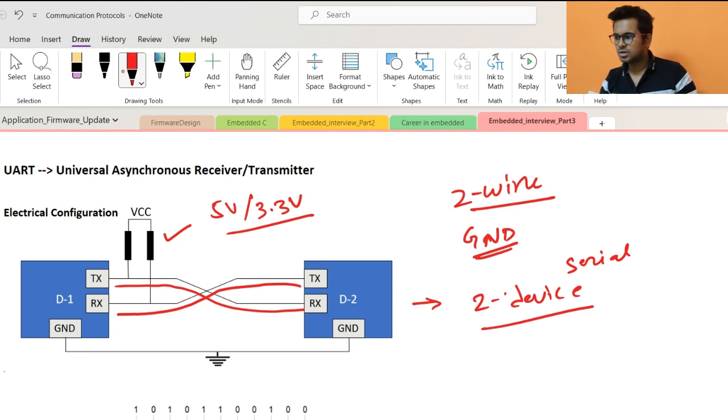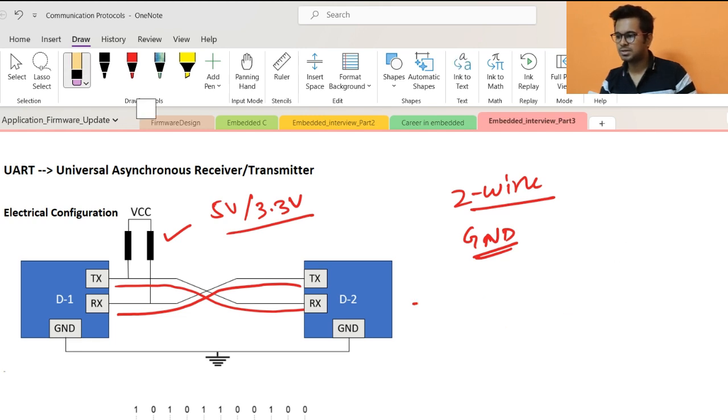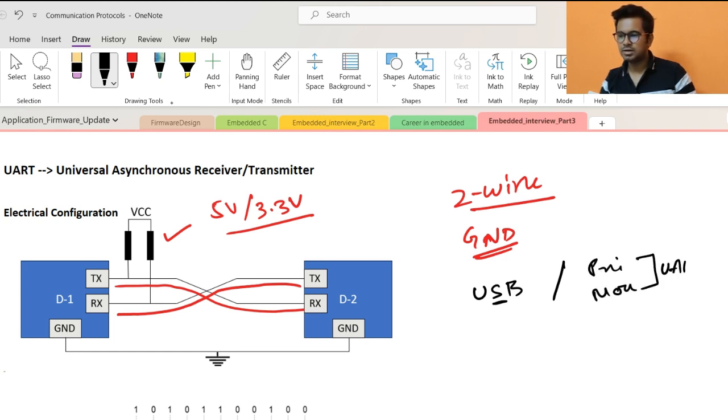So now the question comes, why are we using UART communication? UART is a very common mode of communication. You remember USB, it is also serial, Universal Serial Bus. Previously we used to have printers and mice, all using UART as a serial communication.